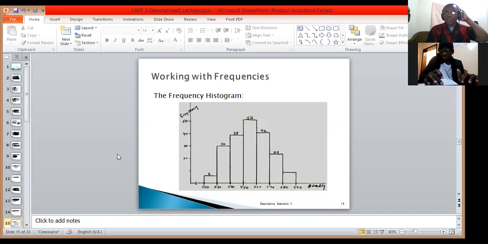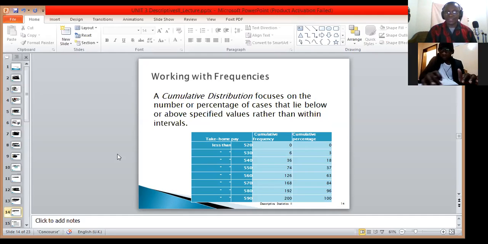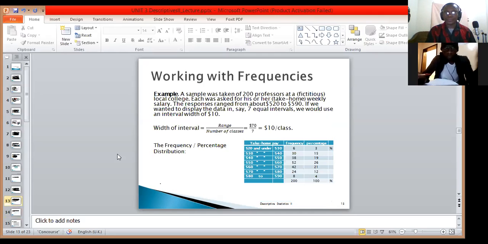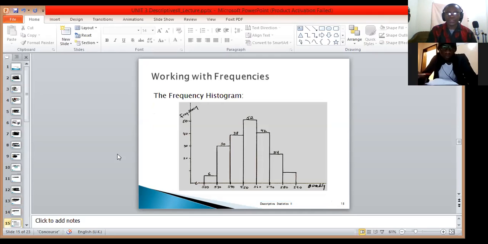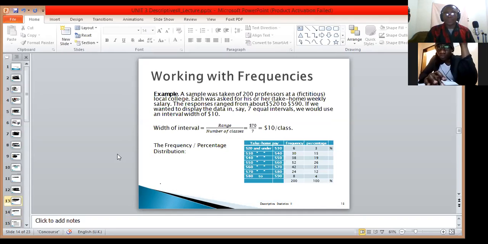Okay, so once we have done this, the first table, now we can draw what is called a frequency histogram, basing on the first frequency table.